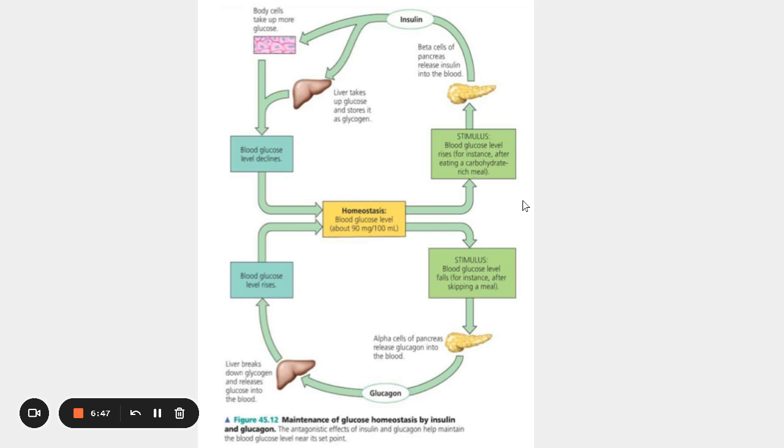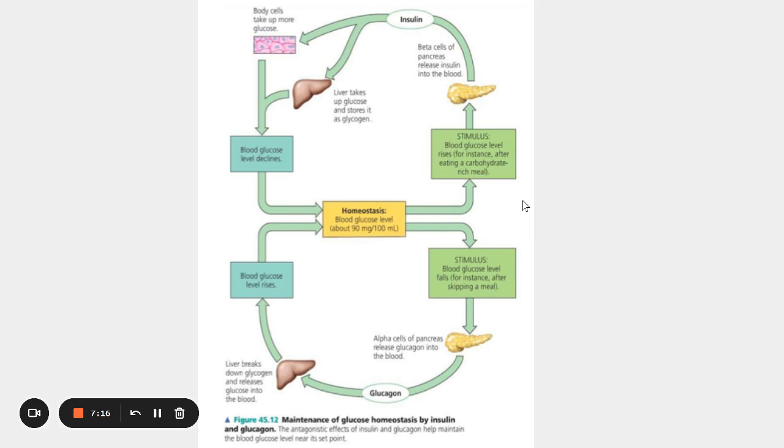We need sugar in our blood to provide glucose to our cells for respiration so they can have energy. But too much sugar in our blood can be dangerous. It could damage our nerves, could damage our kidneys. If it's too low, then our cells don't have enough energy. And so it's important that in our blood we have the proper amount of blood sugar, that we're maintaining homeostasis.